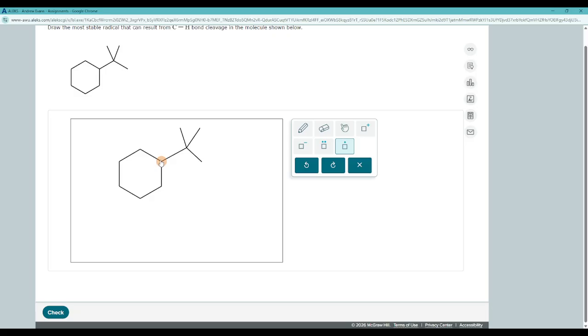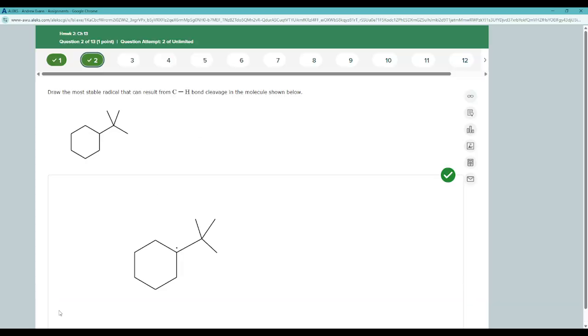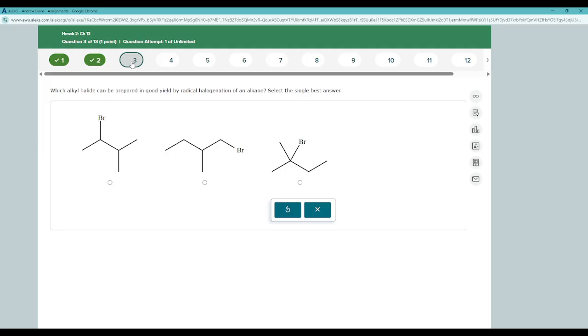So primary, primary, primary, no CH bonds. Tertiary, secondary, all the way around. So even though they're quaternary carbon, quaternaries do not count because we're not cleaving the CC bonds. We're only cleaving the CH.